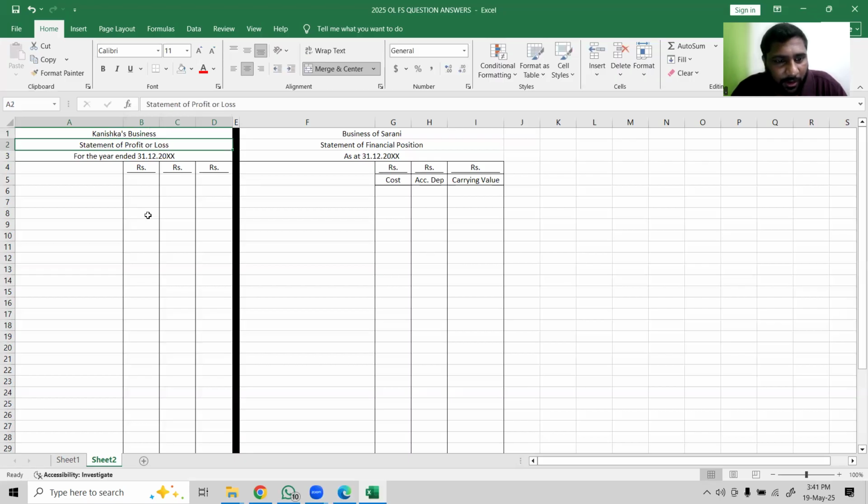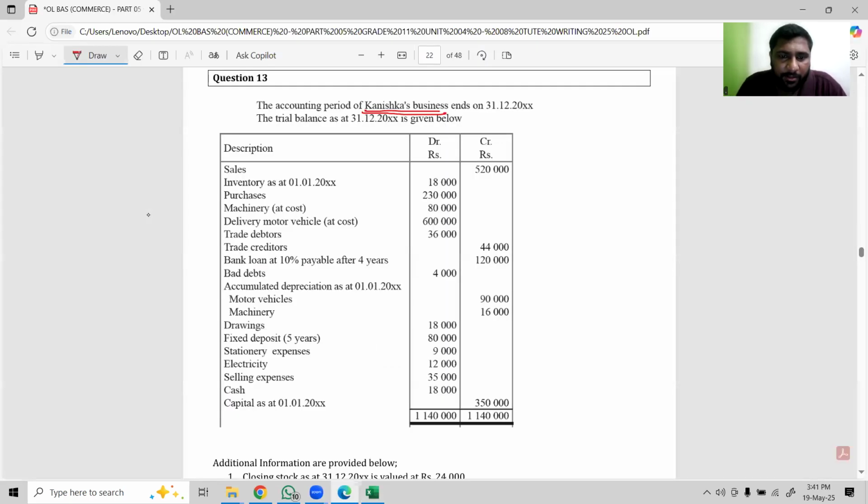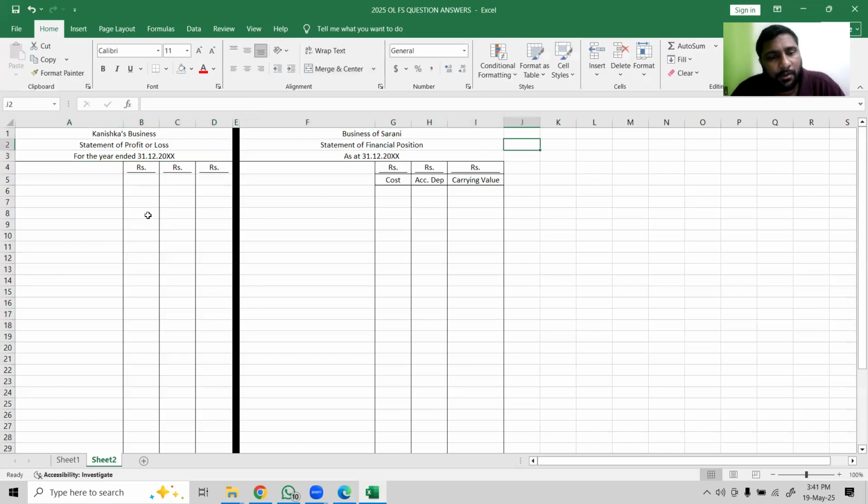Statement of profit or loss for the year ended 31st March 20XX. Kanishka's business. Statement of financial position as at 31st March 20XX.